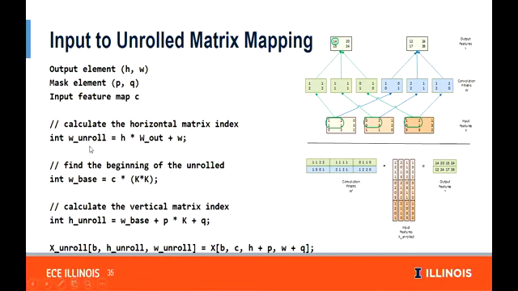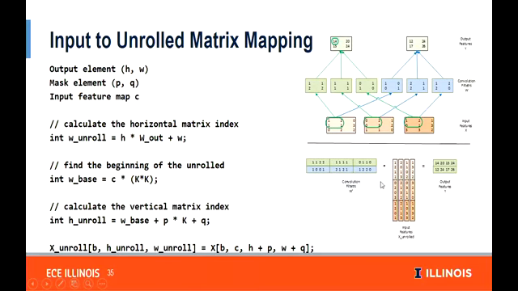So I can calculate the unrolled matrix index as H times W out plus W, because this is the horizontal index which selects one of the columns. Remember, when I select one of the columns, I'm using the linearized output element index.